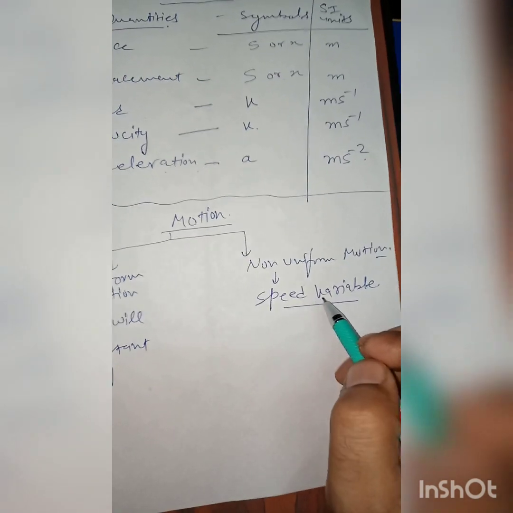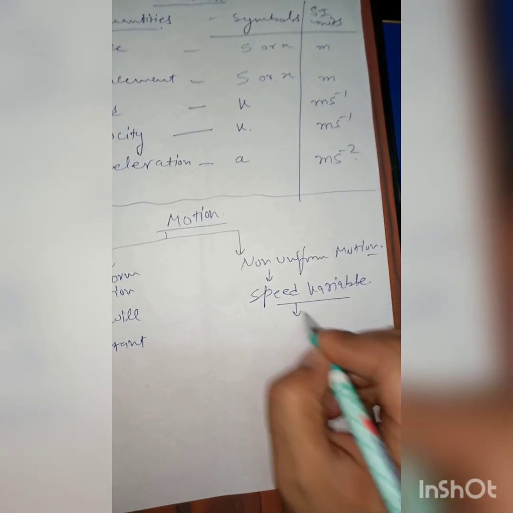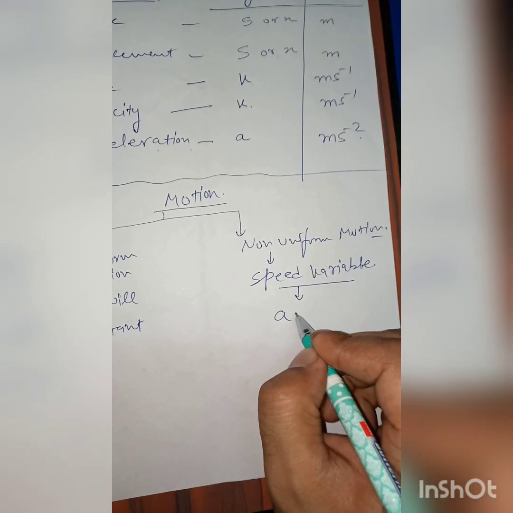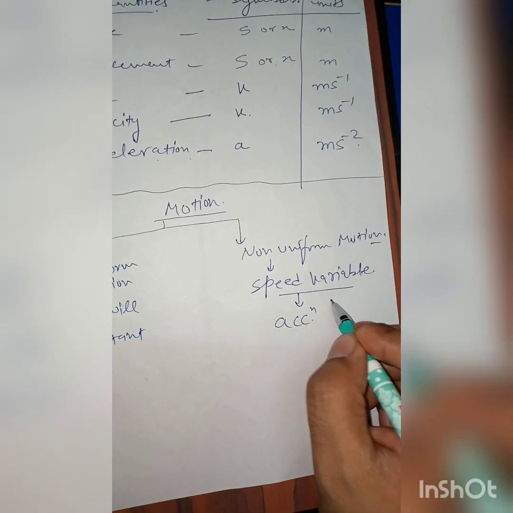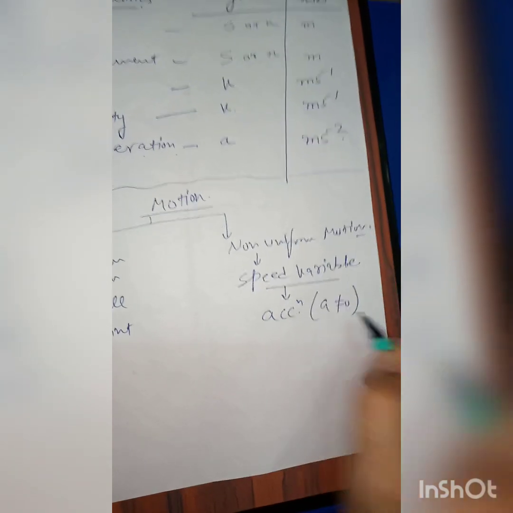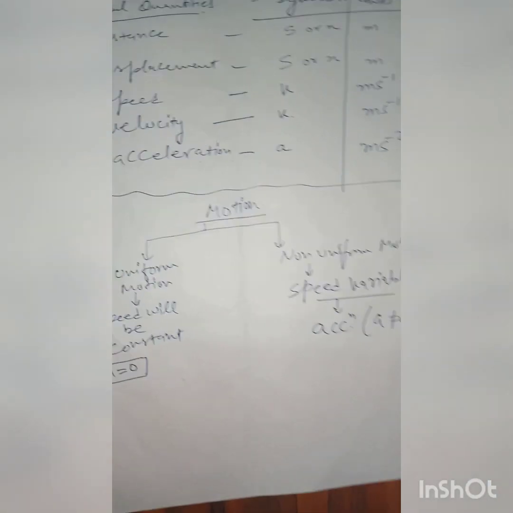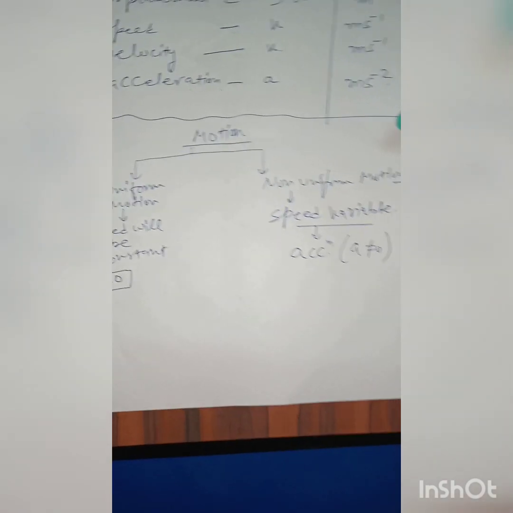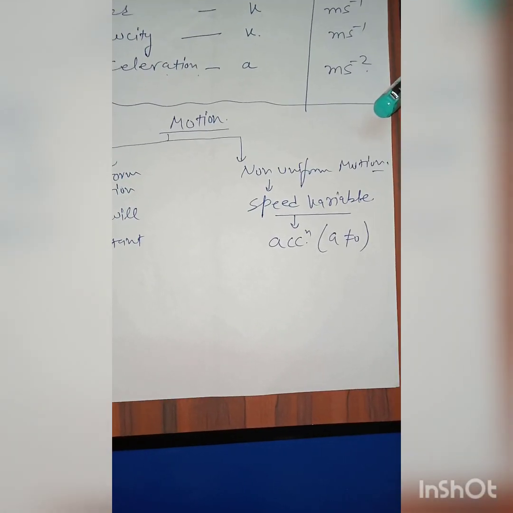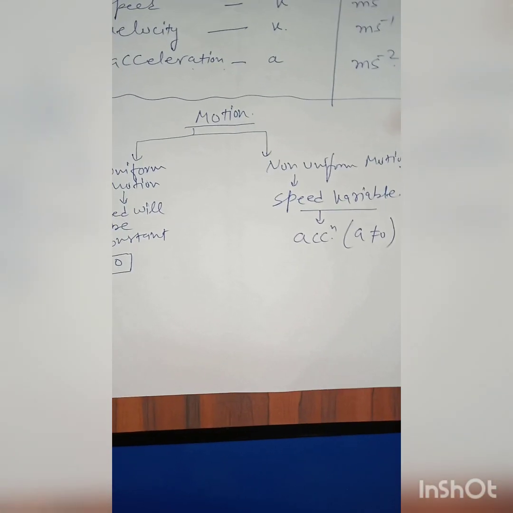Hence if speed is changing, then there may be acceleration, or we can say acceleration is not 0. So in uniform motion acceleration will be 0, and in non-uniform motion acceleration will not be 0.